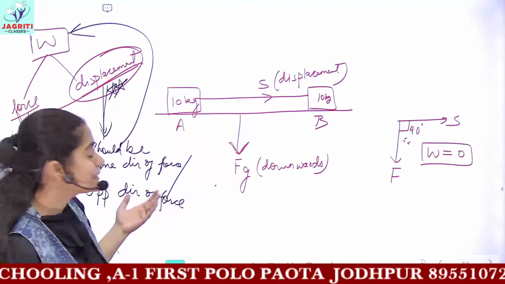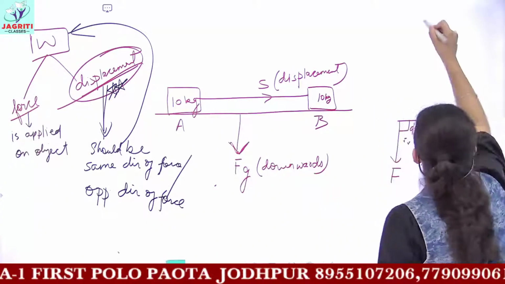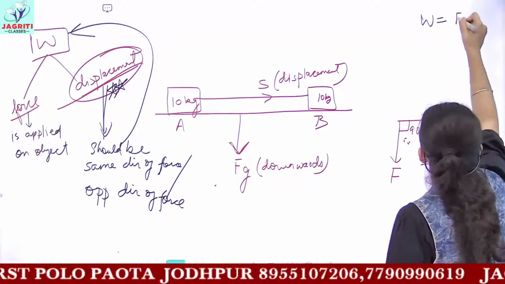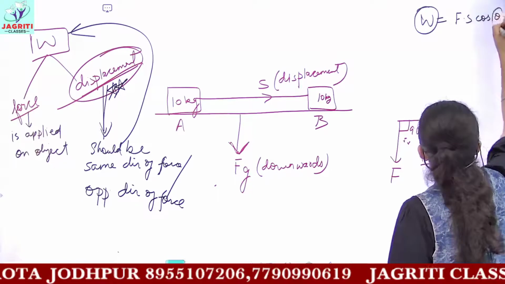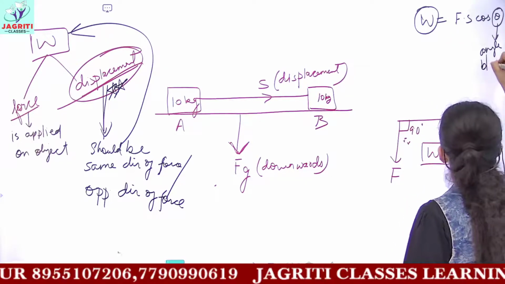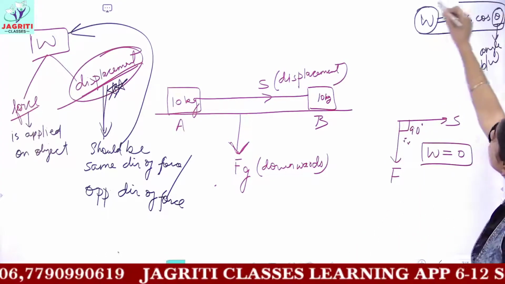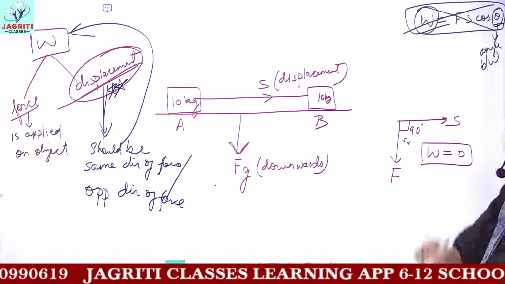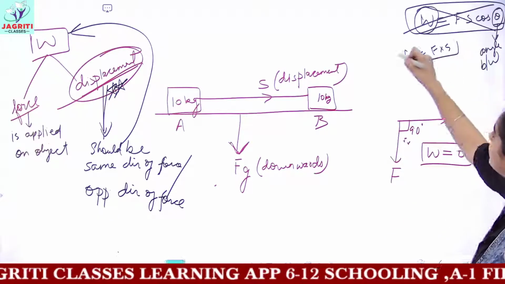For this class you can remember the concept, because in higher classes you will read the formula of work, F s cos theta. That is, the work depends on this angle. This is the angle between force and displacement, which we represent by theta. But because we are not doing according to this formula, you just have work as F multiplied by S here.